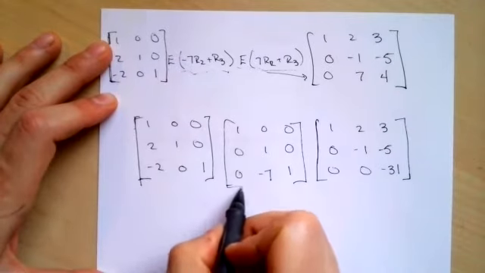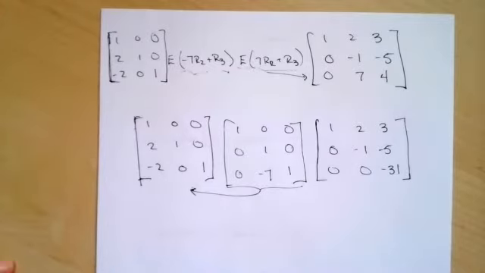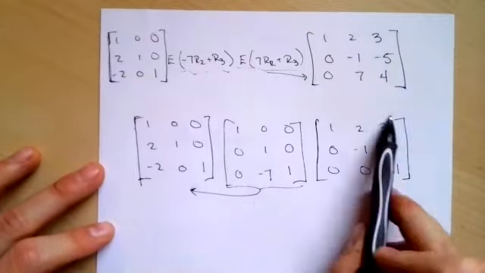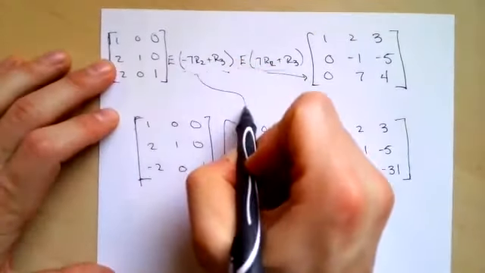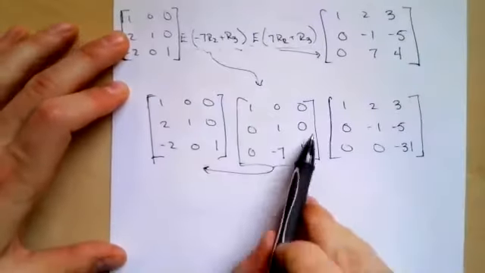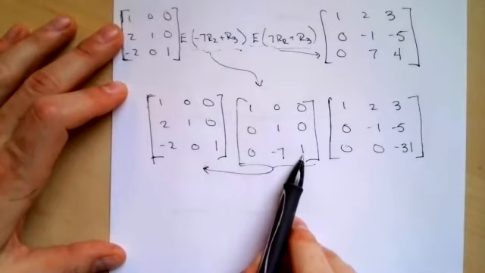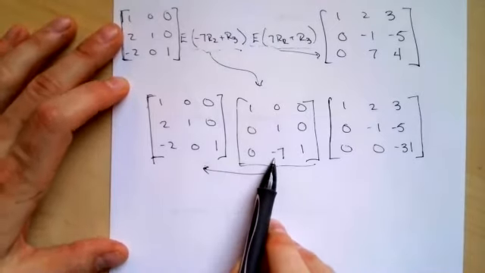And now you want to think of this guy acting on this matrix to the left. So this is our lower triangular we're developing. You see the right term is now our upper triangular. And how does this matrix act on the right? It is minus 7 times row 3 plus row 2.